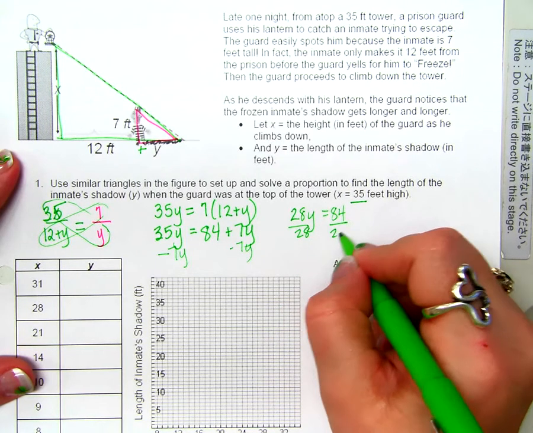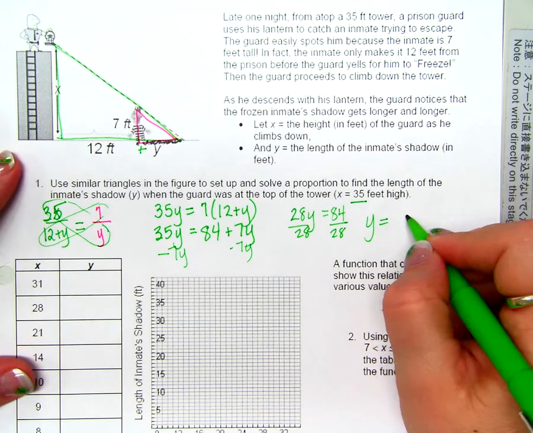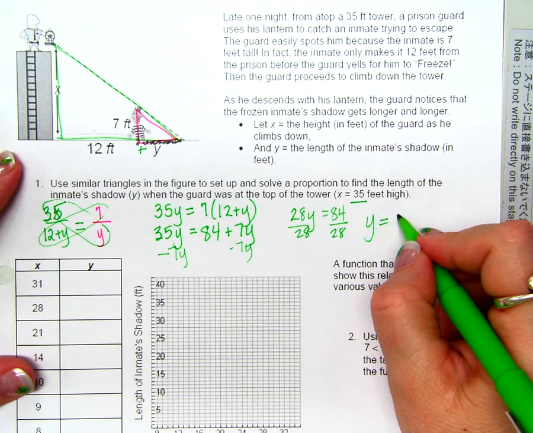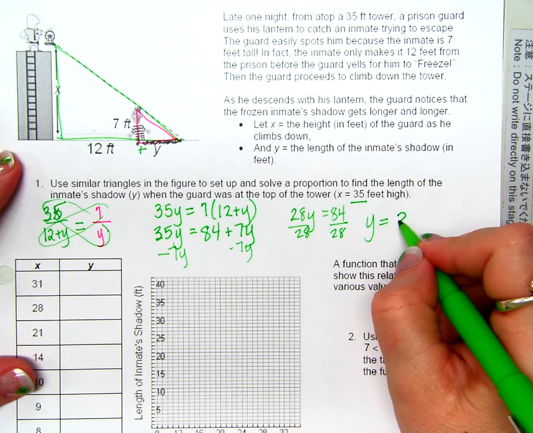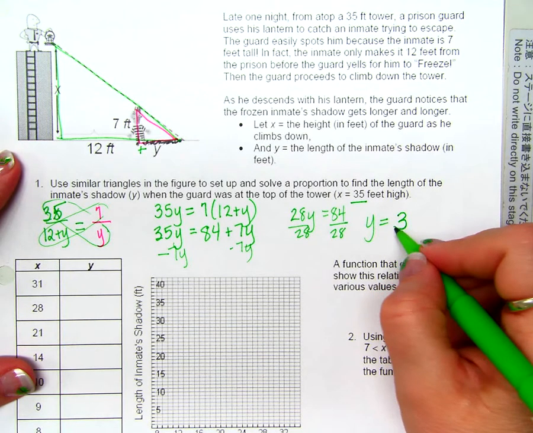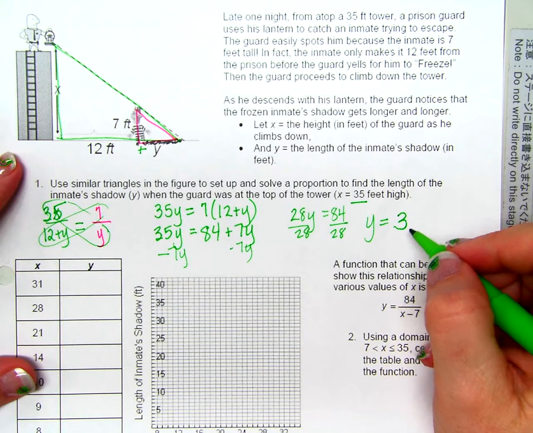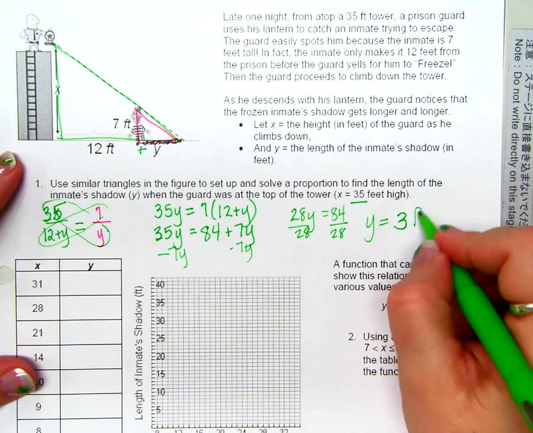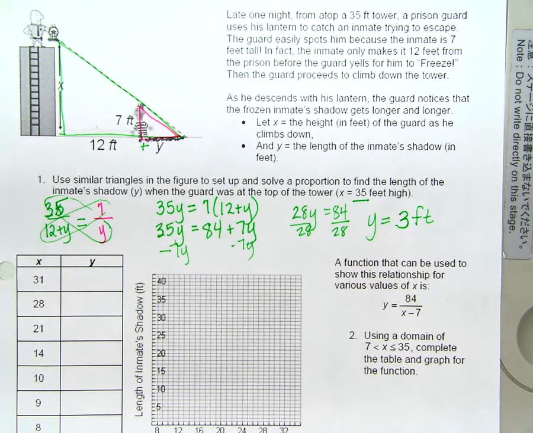Dividing by 28 on both sides gives me Y equals 3. Good. 3 what? 3 feet. In the context of the problem, what does it mean? That's how tall the inmate's shadow is when the guard is at the top of the tower.